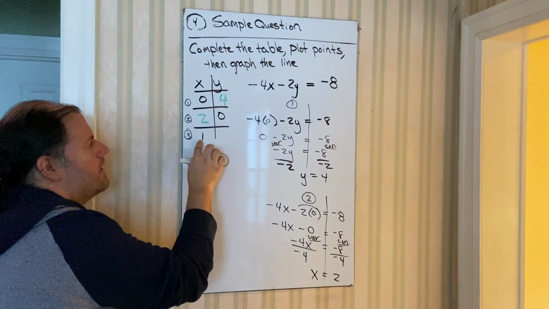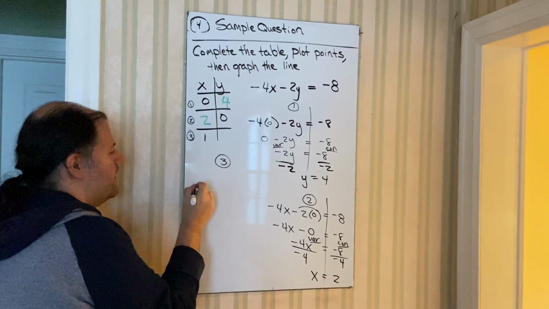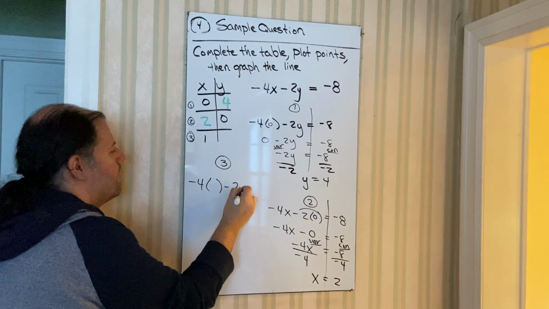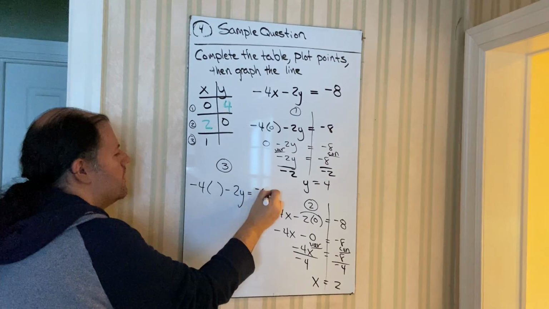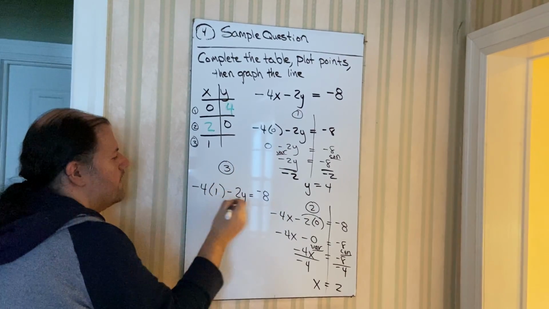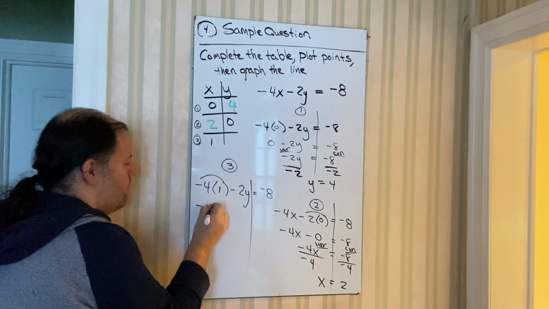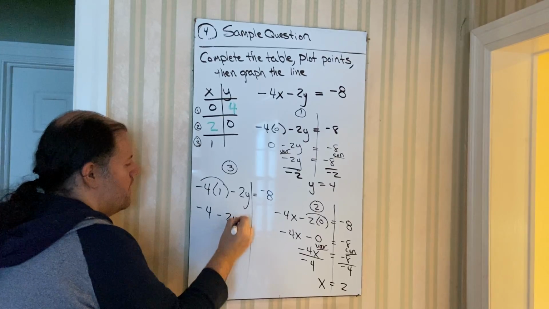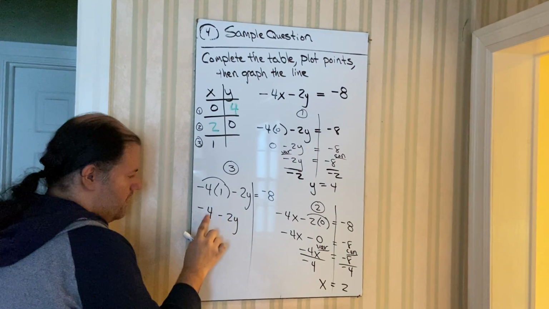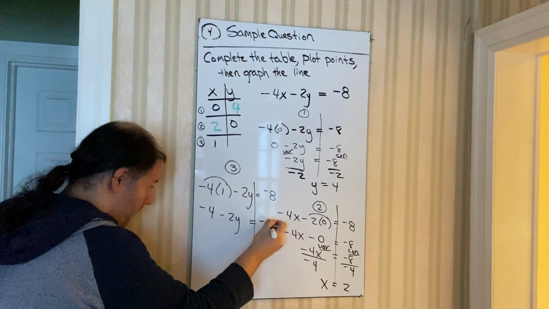This time, again, put parentheses for x, leave y as a letter. Plug in x is 1, and then solve. This times this, -4. Now be careful, you can't combine these because that's a constant, it's not a 0. So constant, coefficient, variable, keep them separate.